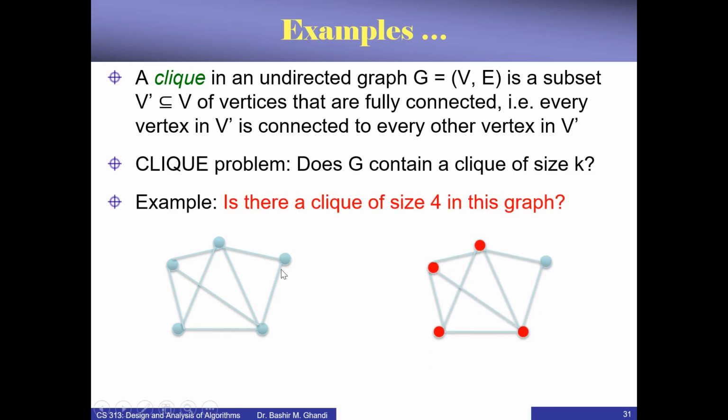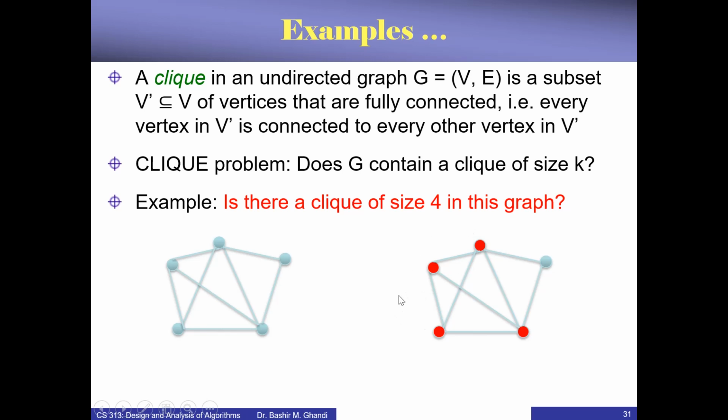For example, if you ask, is there a clique of size 4 in this graph? The answer obviously is yes, as you can see in this graph. This subgraph containing the vertices that are highlighted in red is clearly a full graph. From this vertex, we can visit this one, and that one. From here, we can visit this one, and that one, and so on for the other vertices.